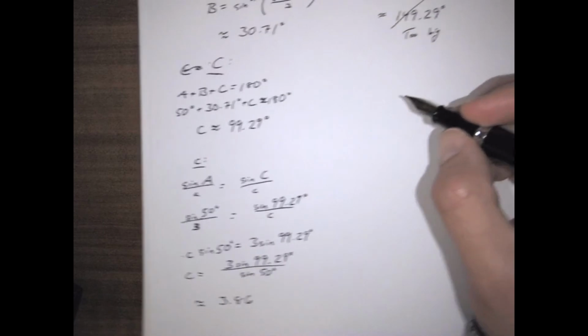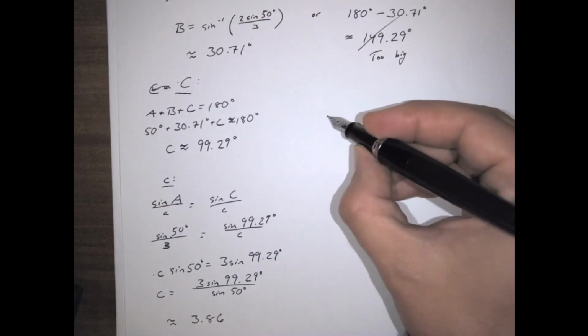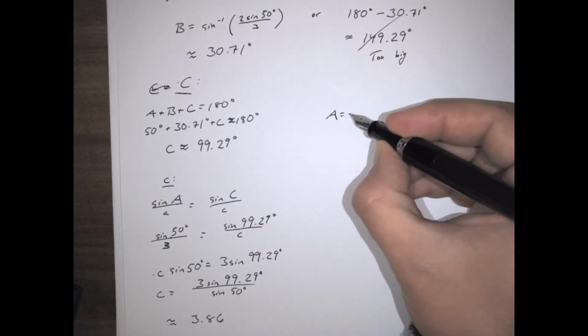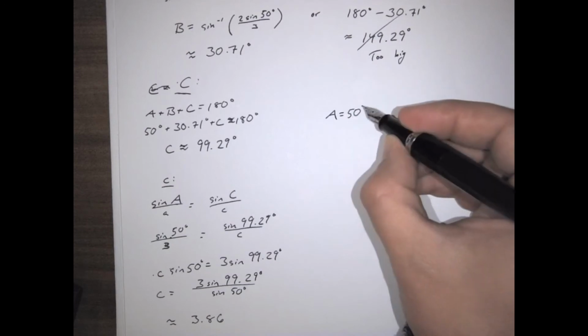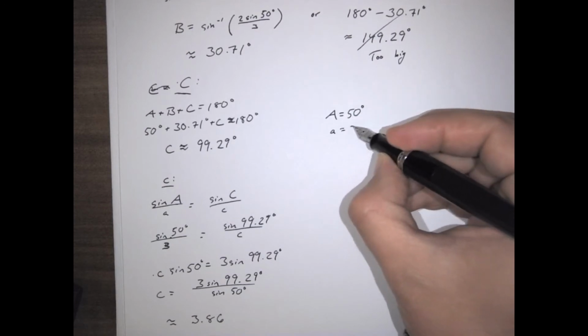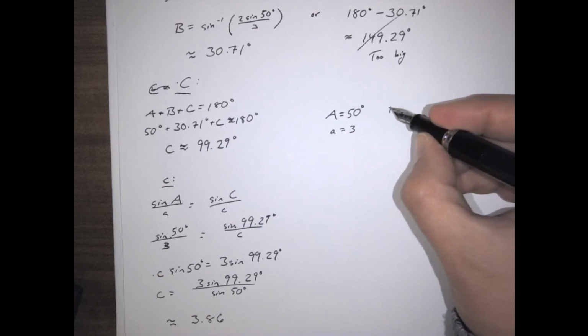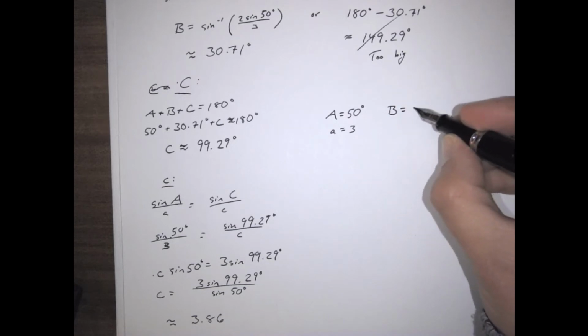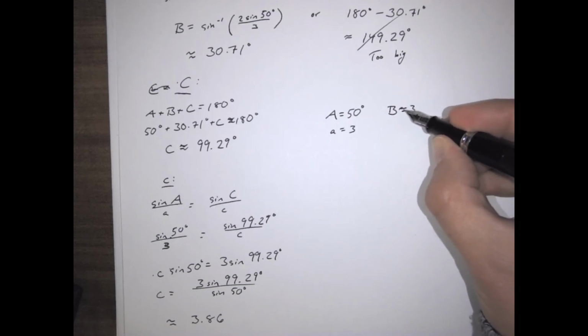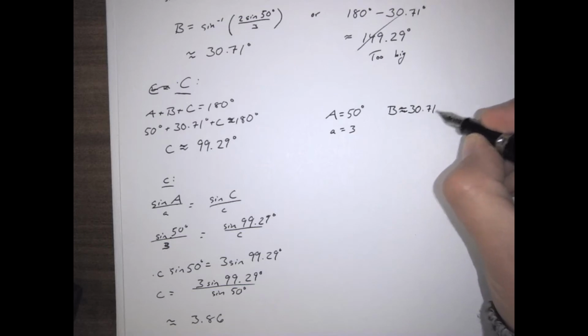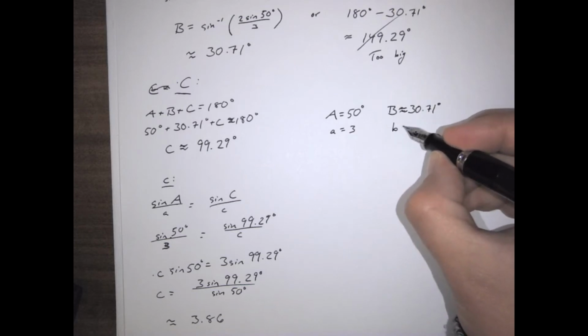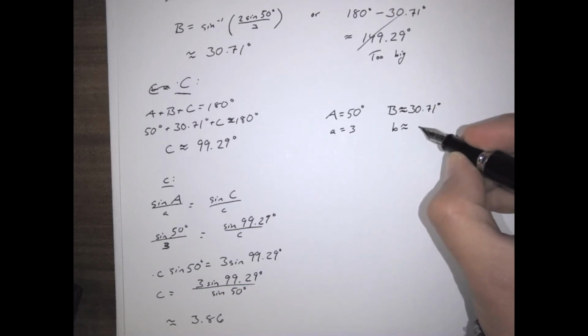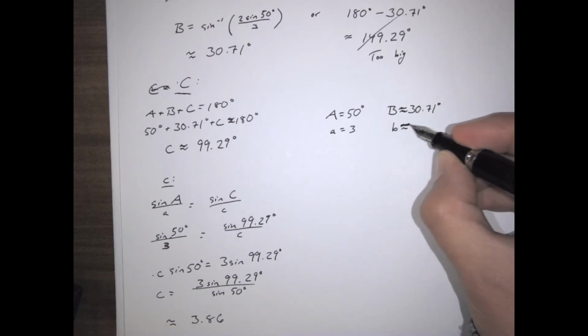All right, and then that's the whole triangle. So we have big A was 50, little a was 3. Those were given to us. Big B was not given to us, but we know it. It is approximately equal to 30.71 degrees. Little b is exactly equal to 2.